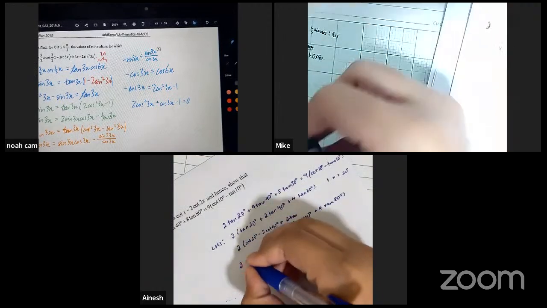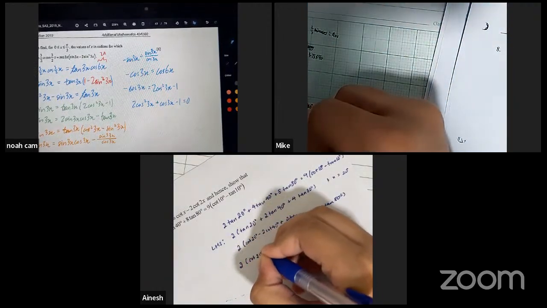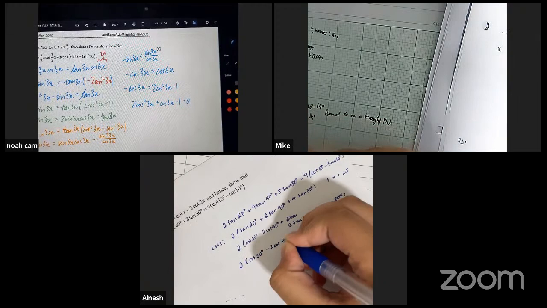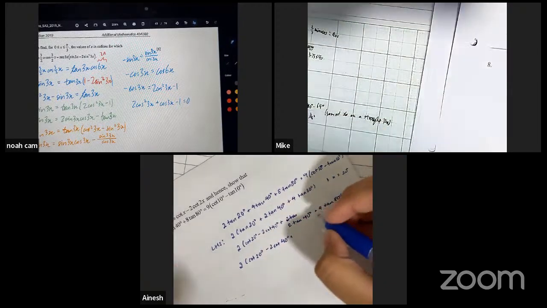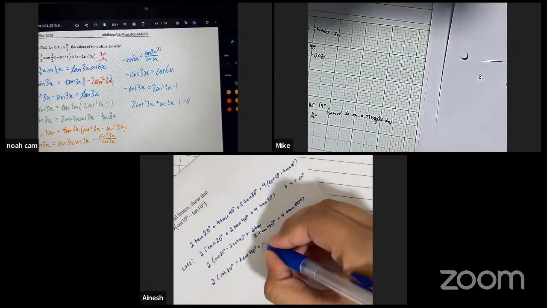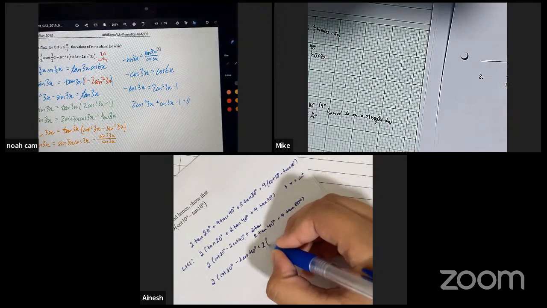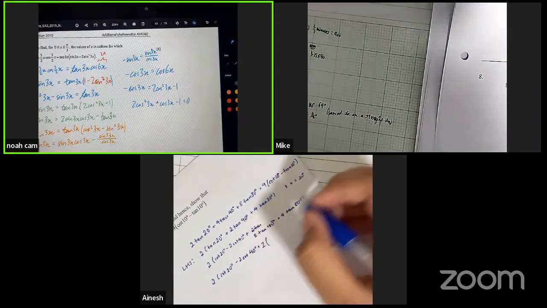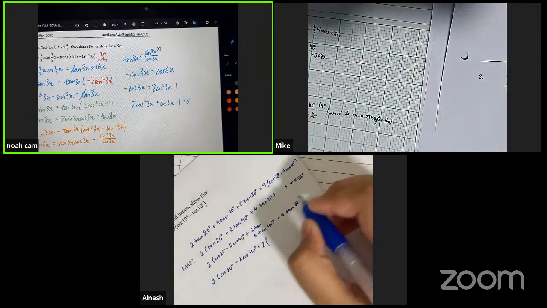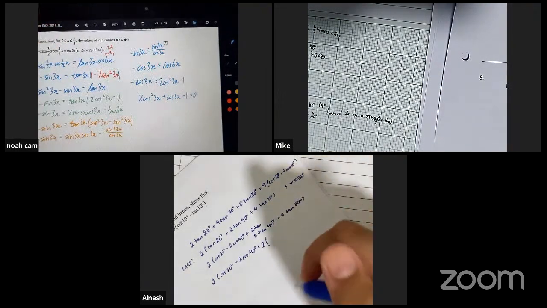One more time, Ainesh. You cannot do this in your mind. Nobody can. You write it down, and then you realize whether you're right or wrong. You will be wasting 10 minutes, 15 minutes doing that. Just write something and see what happens. Yes, Noah? Do I erase the colored ones? No need. In exam, do you erase?